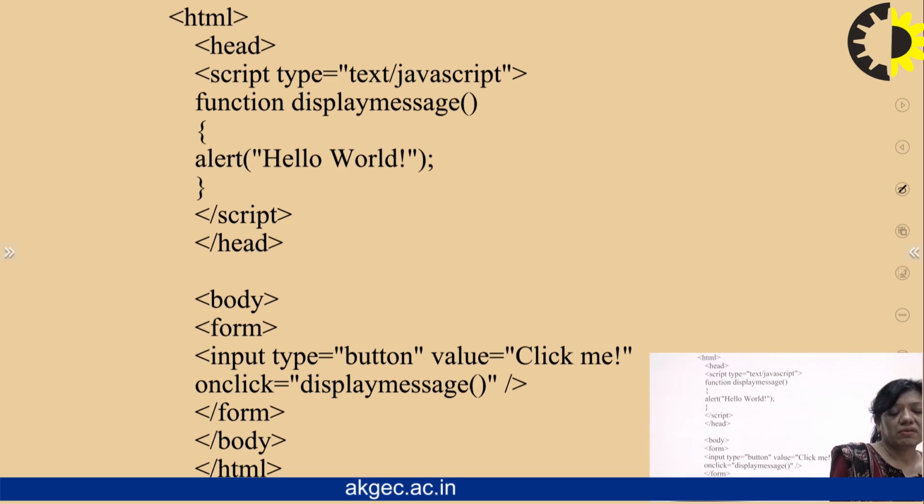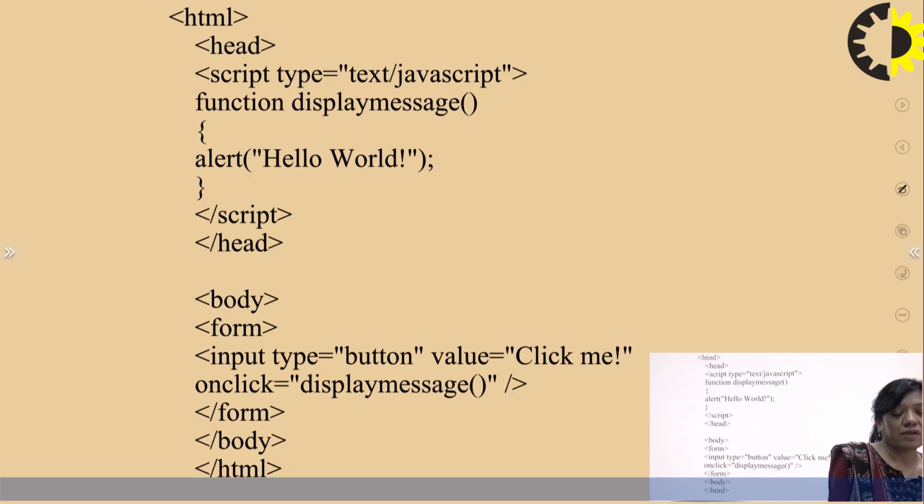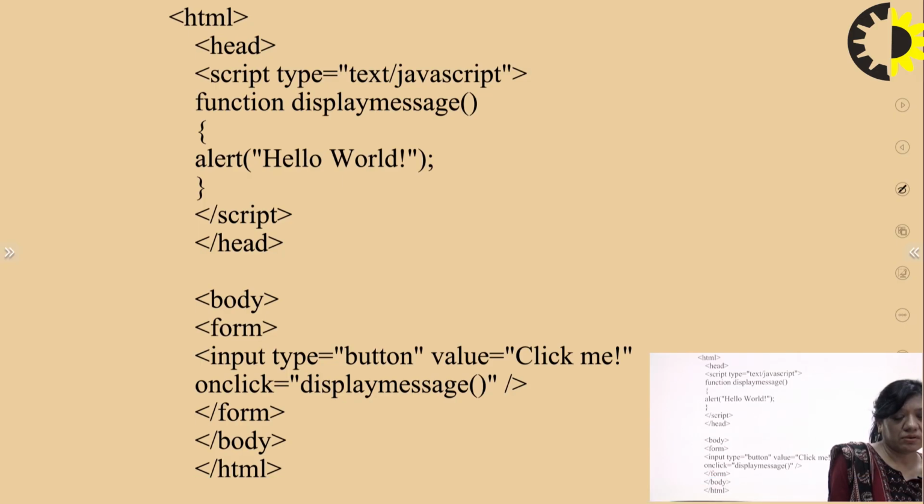In the function block we want to display the message hello world, so I use the alert method and print the message hello world inside it.